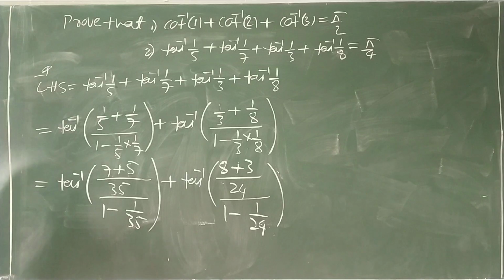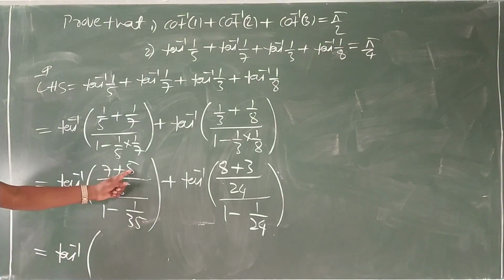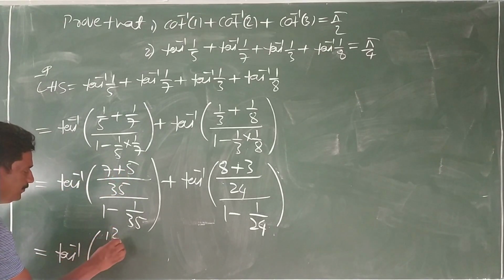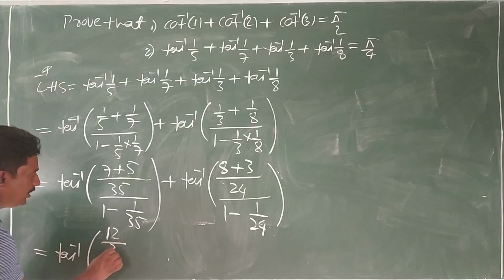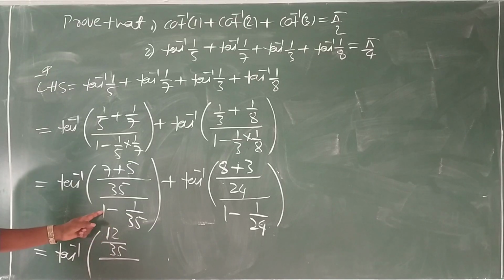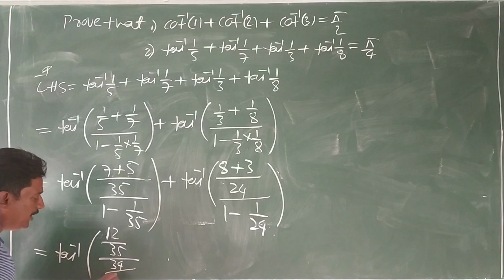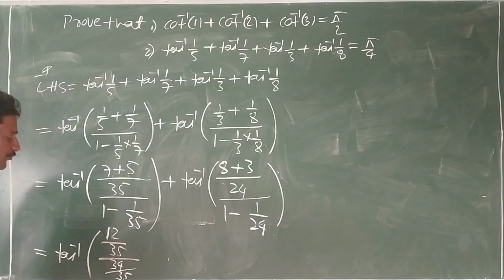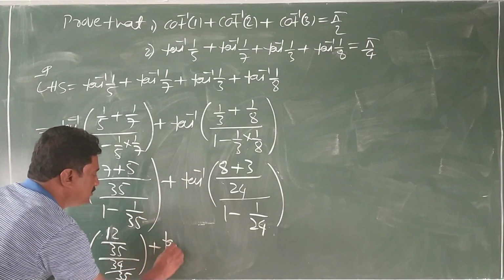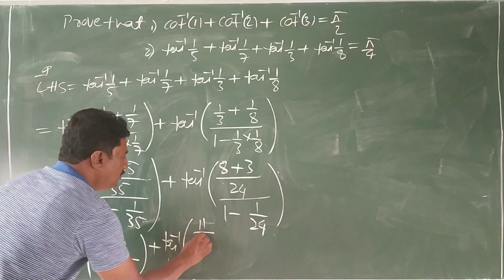Now simplify that, students. So tan inverse of 7 plus 5, 12, by 35. Denominator LCM: 35 1s are 35, 35 minus 1 is 34, so 34 by 35. Next, come to this: tan inverse of 8 plus 3, 11, by 24.